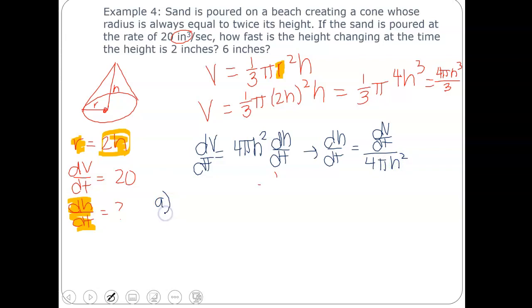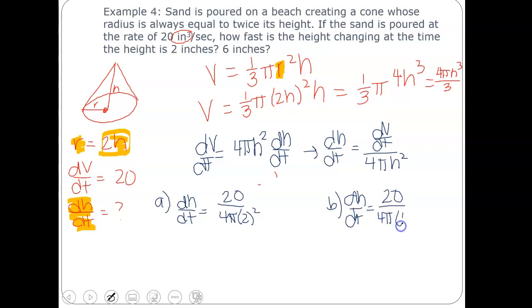If we're at part A, you're just going to plug in 20 over 4 pi times 2 squared. And if we're at B, dh dt equals 20 over 4 pi times 6 squared. So 20 divided by 4 is 5.